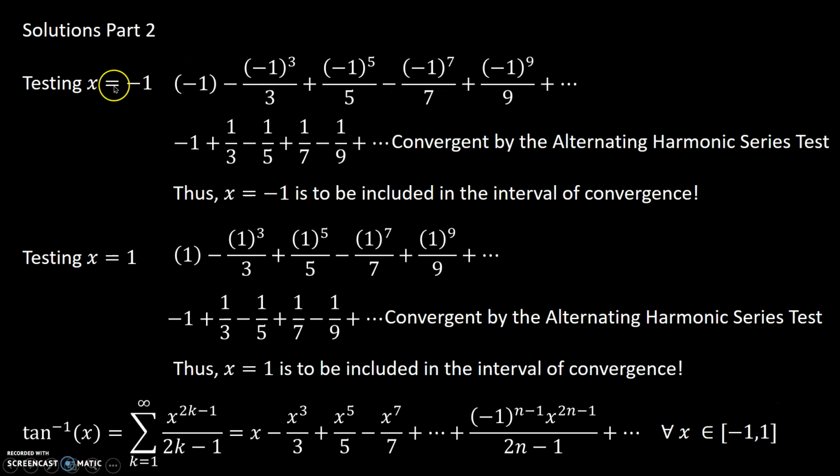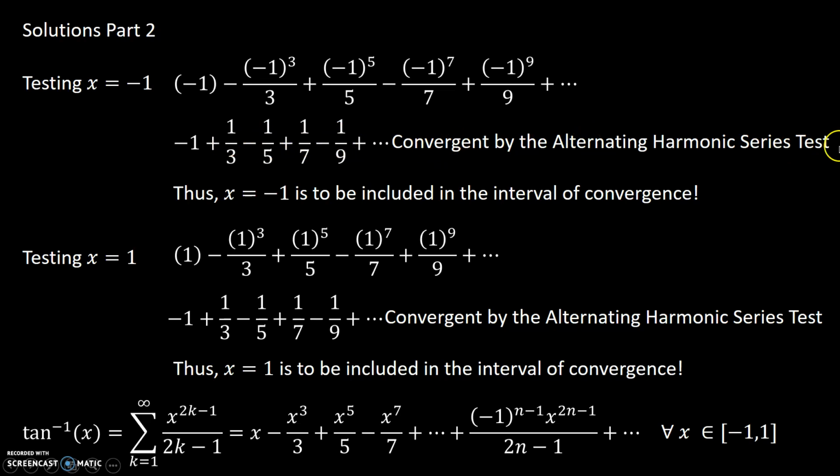So do I include -1 in the boundary? So -1, plug into each x. Notice that -1 cubed is negative, negative times negative is positive, -1 to the 5th is negative, negative times positive is negative. So in doing that, we plug in -1 and we get an alternating series. Alternating series with terms approaching 0 converge.